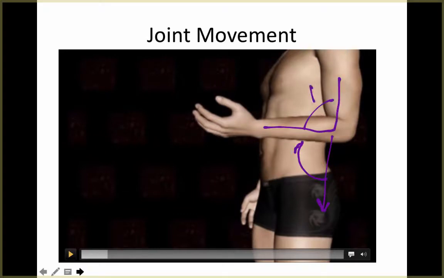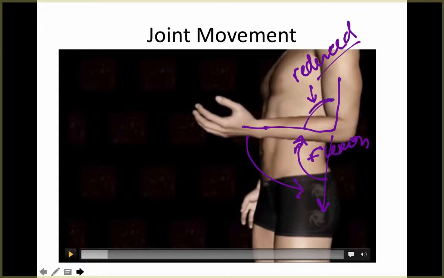So this angle reduced. So that's known as flexion. Now, if he takes his hand and moves it down here, right, this is reduced, this is flexion. If he takes this and then this angle here gets bigger, that's known as extension.